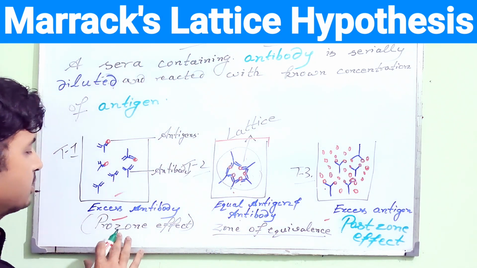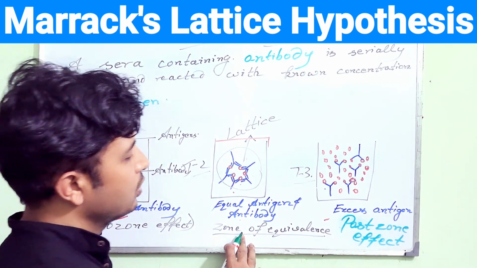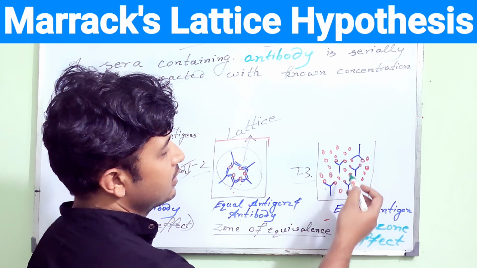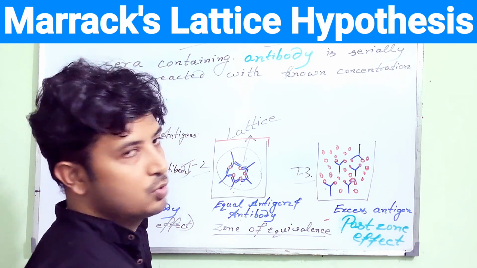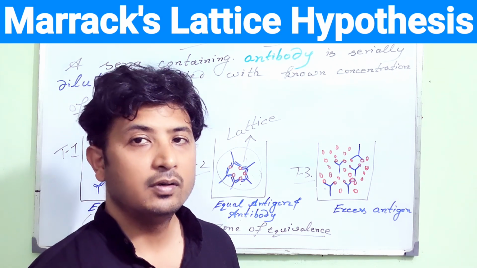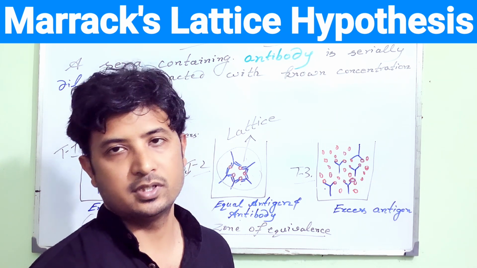So first one, in case of antibody excess, it will give you a Prozone effect. If it is equal, it will give you a zone of equivalence or lattice formation state. And if the antigen is in excess of the antibody, then it will give you a post-zone effect. So there will be no observable reaction that can be interpreted as positive.